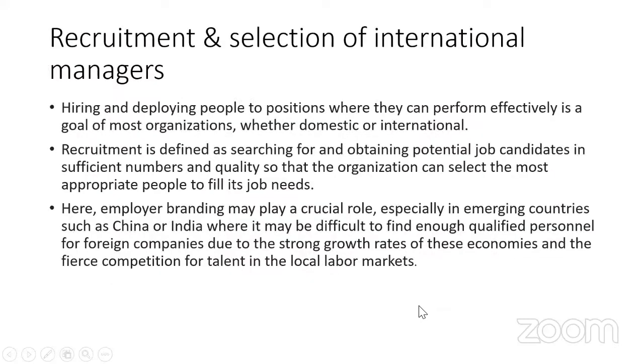Now we shall discuss recruitment and selection of international managers. Hiring and deploying people to positions where they can perform effectively is a goal of most organizations, whether it is domestic or international.